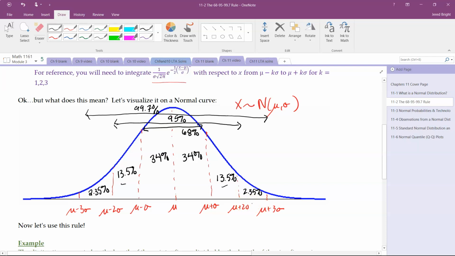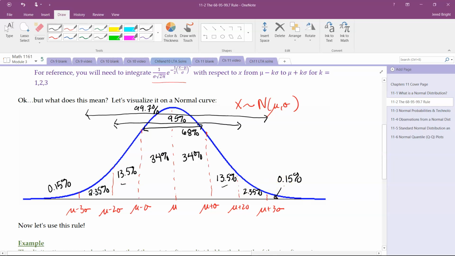And then everything has to add to 1, so take the remaining and split it. This ends up being 0.15%. In other words, if you have some quantity that is following a normal distribution, it's very unlikely that you get anything that's more than 3 standard deviations from the mean.